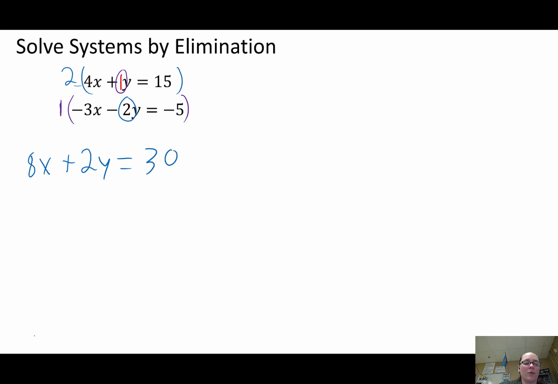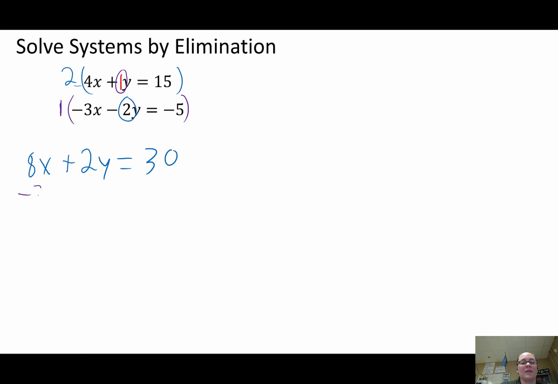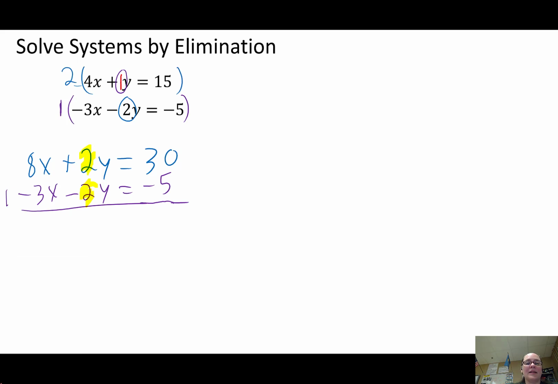When I multiply 1 through on the bottom equation, it's really not going to change anything at all, right? 1 times negative 3 is negative 3. 1 times negative 2 is negative 2. And 1 times negative 5 is negative 5. So now that I have the same number on my y's, I've got 2 on both, I can add these two equations together.